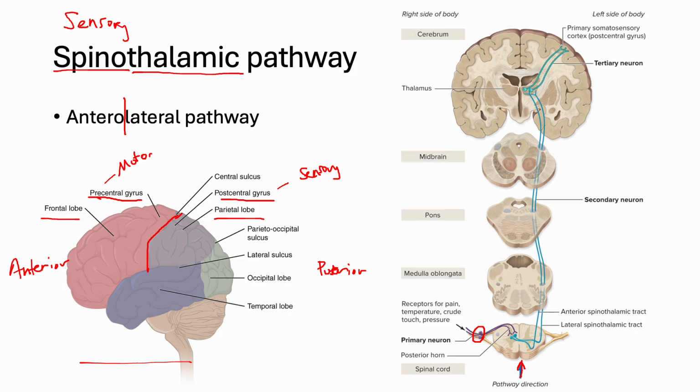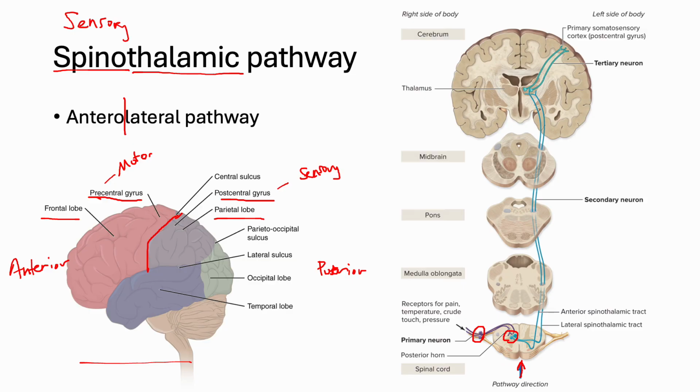Now notice that first neuron is shown here in purple, and it synapses with the secondary, or second order neuron, right here in the spinal cord, and that's happening in the dorsal or posterior horn because that's the horn that deals with sensory information.